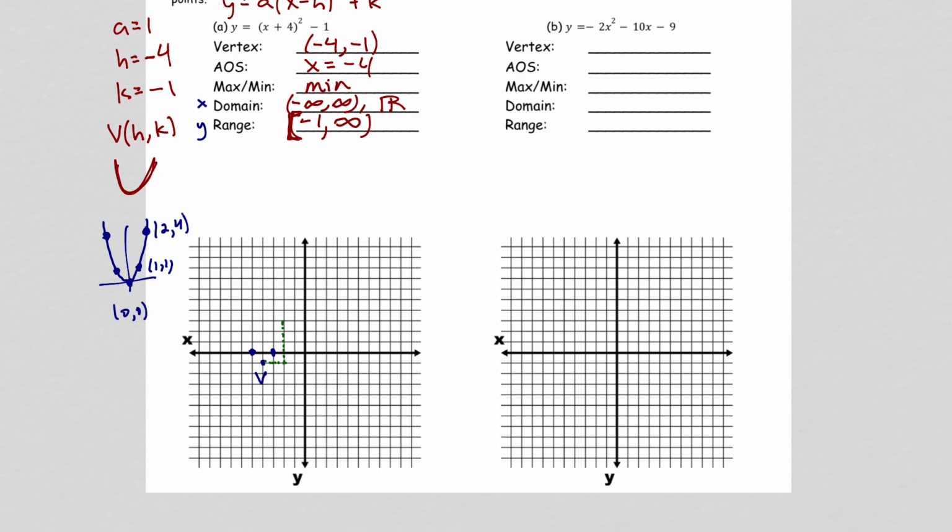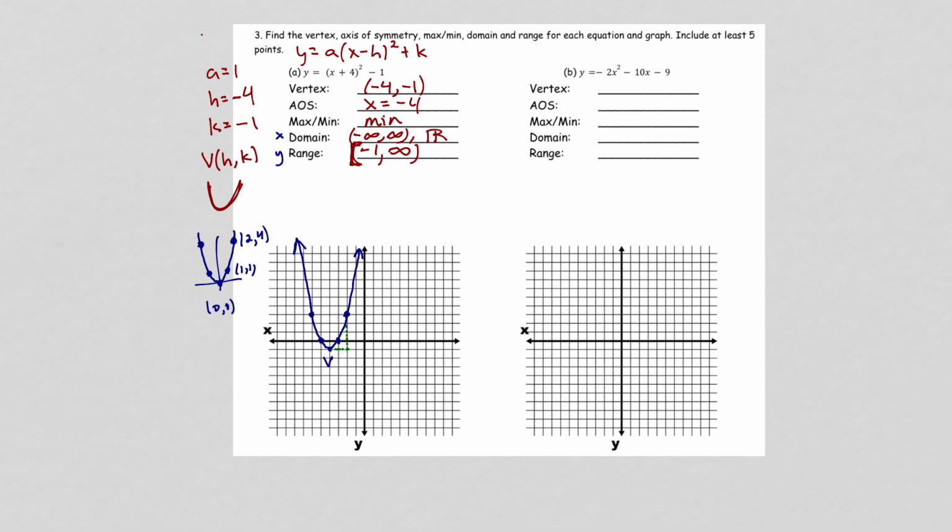Okay, it's not a coordinate of positive 4 on the y's. It is 4 above the vertex. And then I'll do the same thing. I'll go back 2 from the vertex and then up 4 from the vertex like that. And then I can just sketch it in like that.